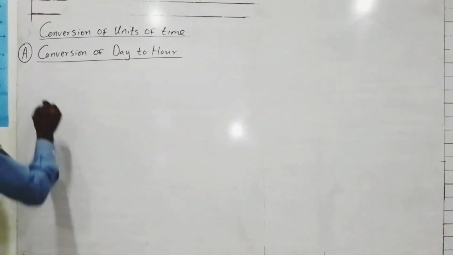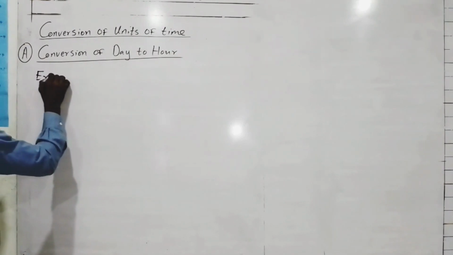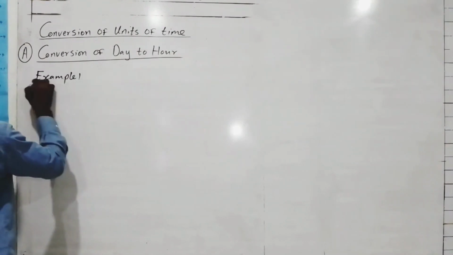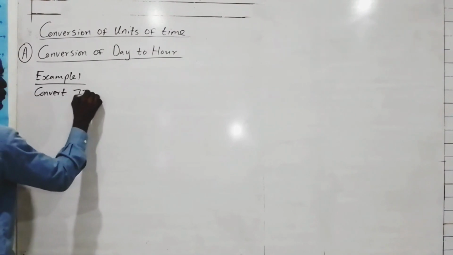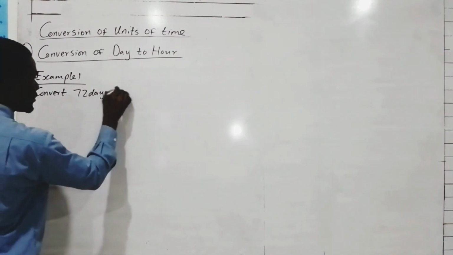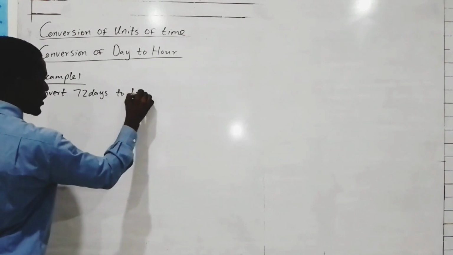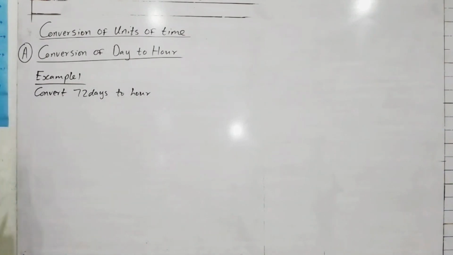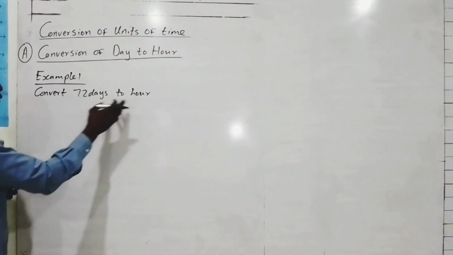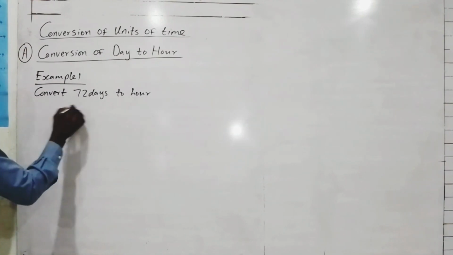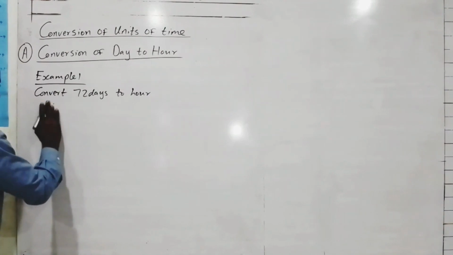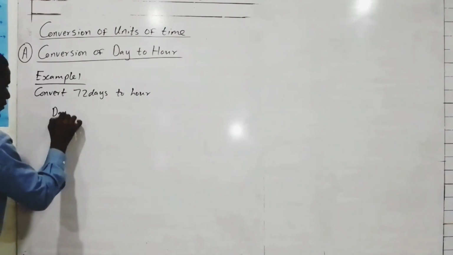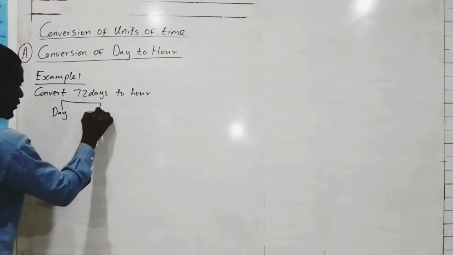Let's take this first example. Example 1. Convert 72 days to hour. Now this time around, we are converting from large unit to small units. So we have the day to hour.